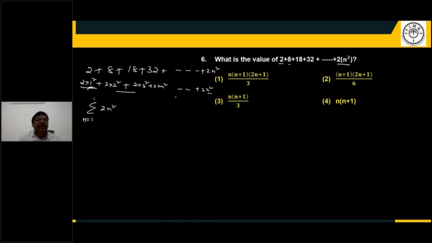So friends, we can write this as sigma 2n square, which means 2 into sigma n square.